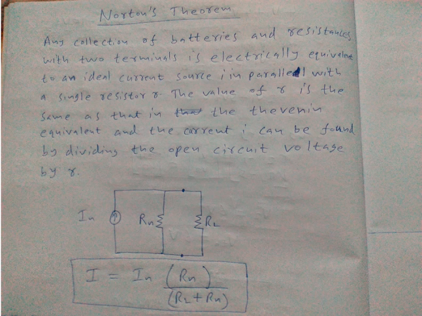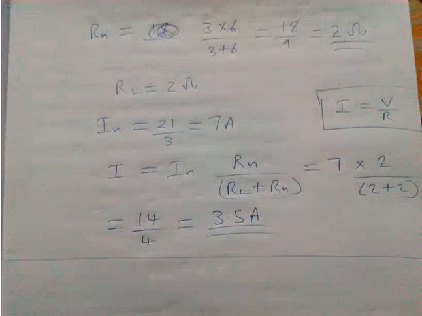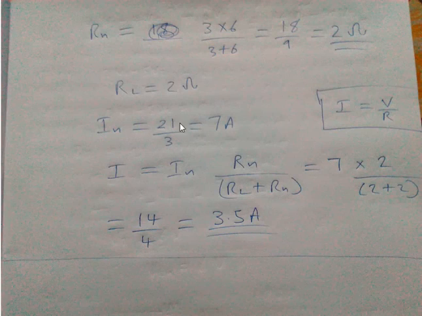We got IN, RN and RL. So I is equal to IN into RN divided by RL plus RN. That is 7 into 2 divided by 2 plus 2, that is 14 divided by 4, which is equal to 3.5 A. So this is the answer.